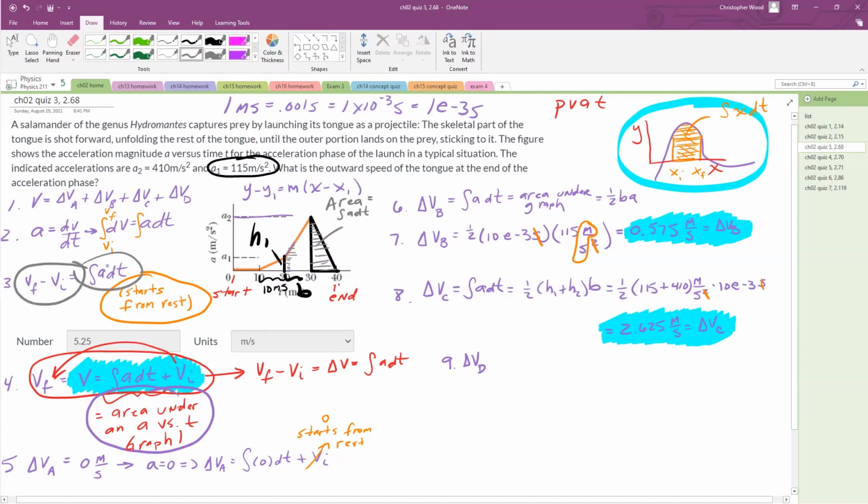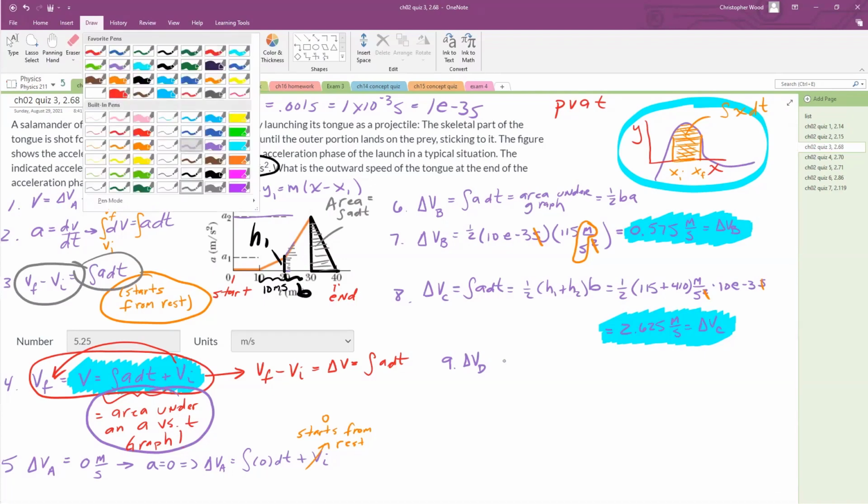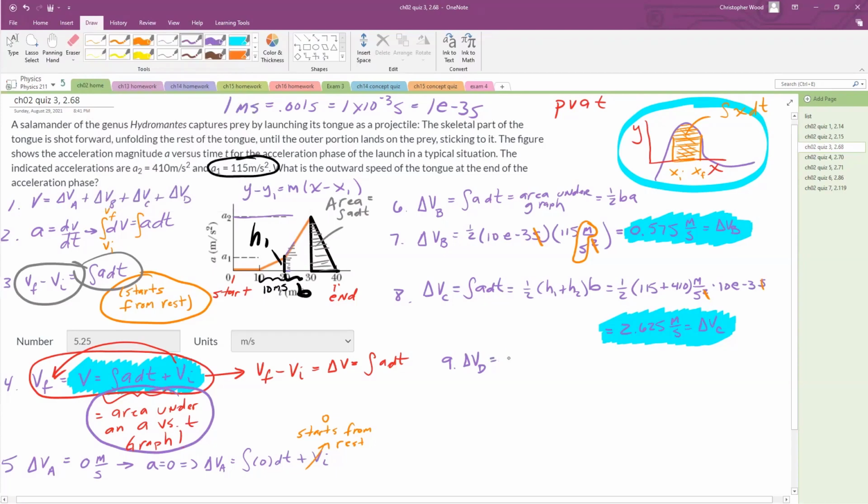So this is definitely a mixture of math and physics and salamander tongue. So the change in velocity for segment D is the area of a triangle, 1/2 times base. The base is yet again 10 milliseconds, 10e minus 3 seconds. That's the base, 1/2 base times height. The height is A2, and for me, A2 is 410 meters per second squared.